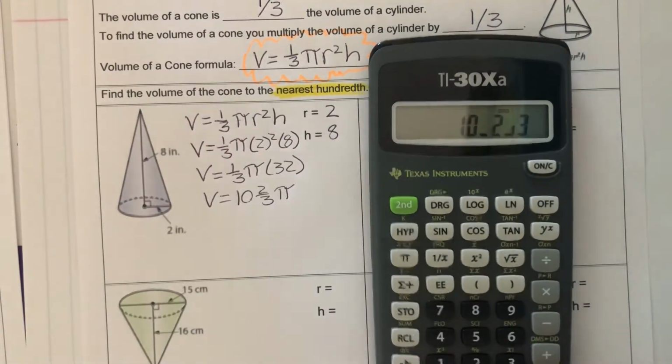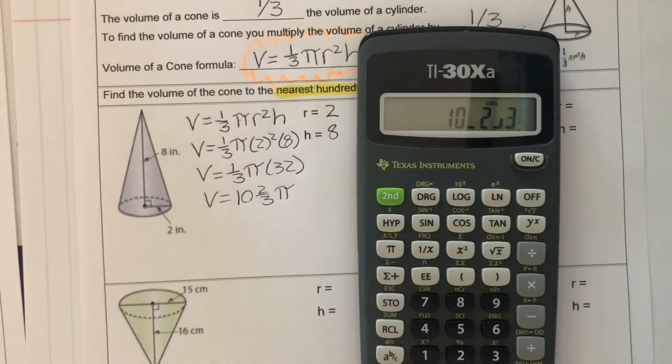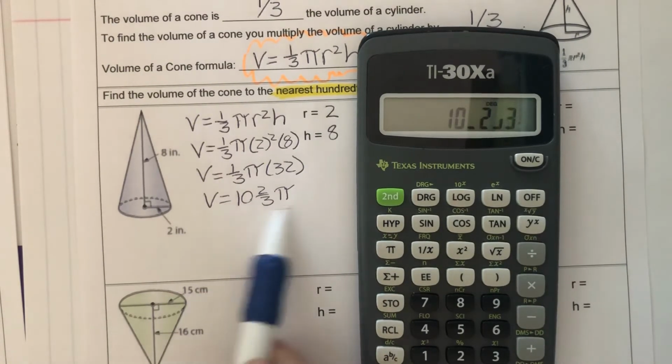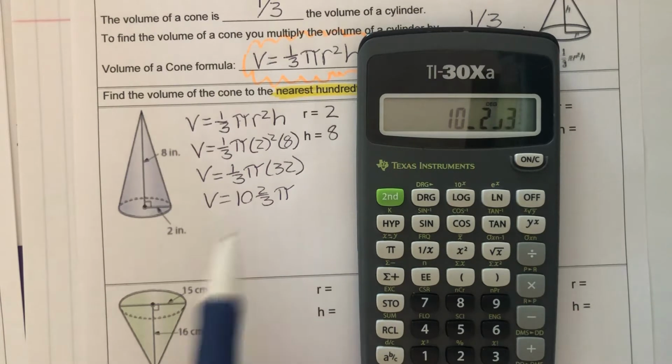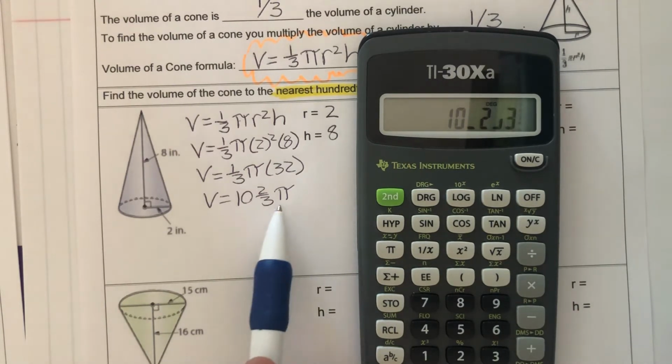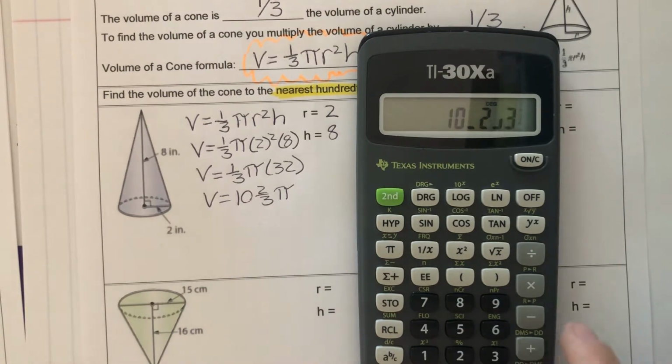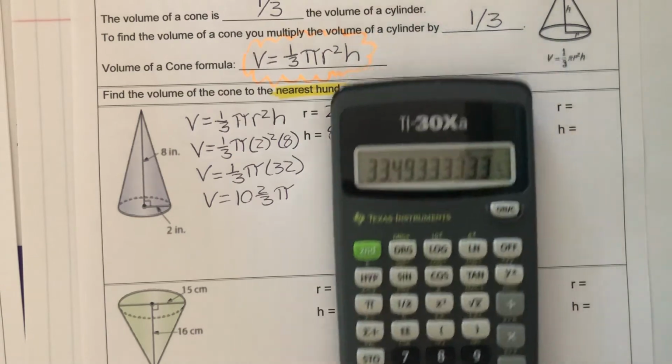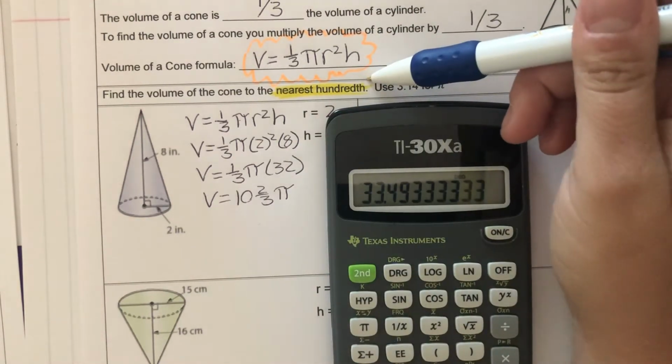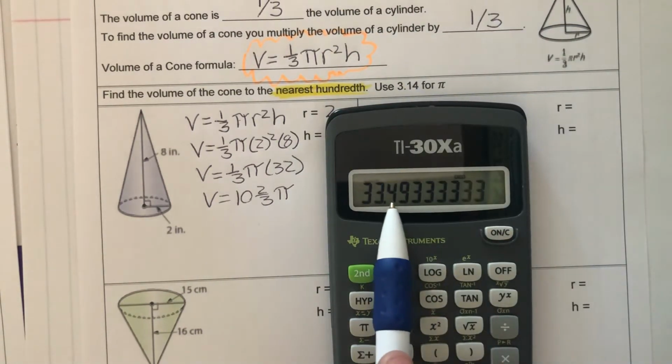Now I want to express this in terms of pi. It's written like this. If I want to express it as a decimal, I'm going to multiply this number by 3.14 for pi. So times 3.14, and that gives us our decimal. Remember, we need to round to the nearest hundredth. That's what our directions said, so that's 2 decimal places. So this is our hundredths place where the 9 is.